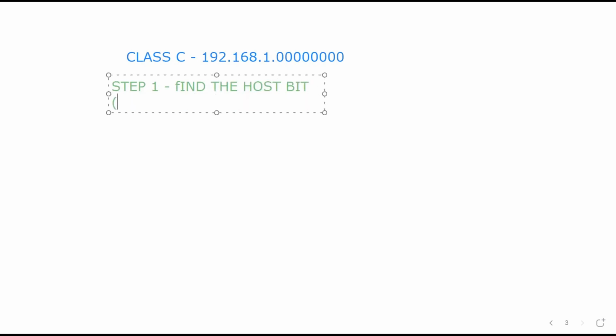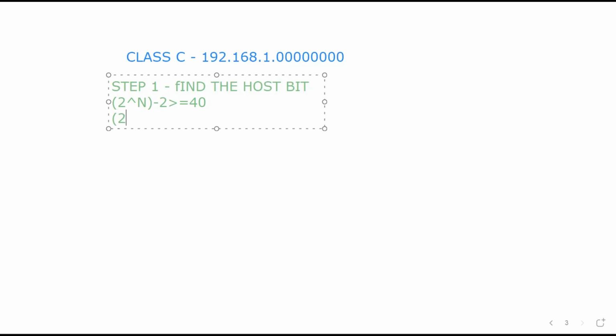There is a formula: 2 to the power n minus 2 is greater than or equal to your given number of IPs, right? Okay.